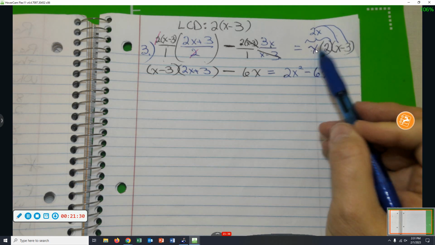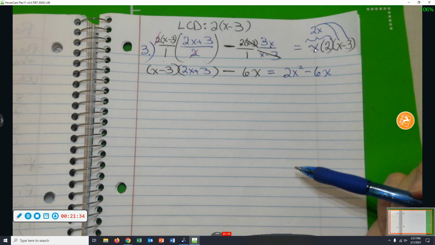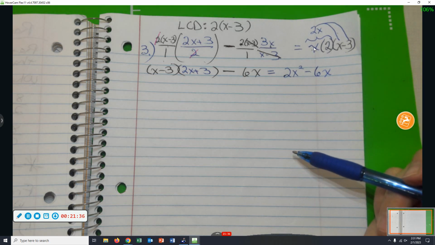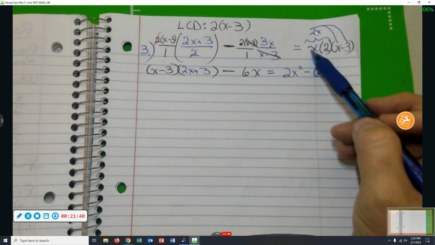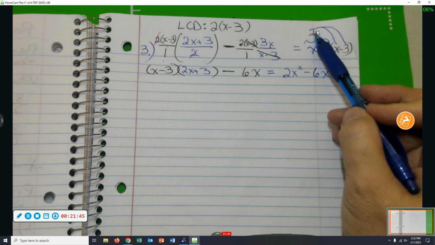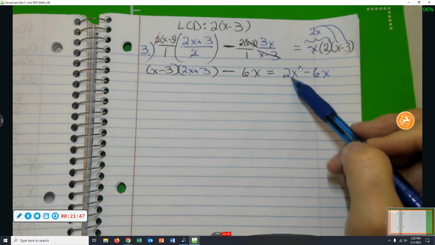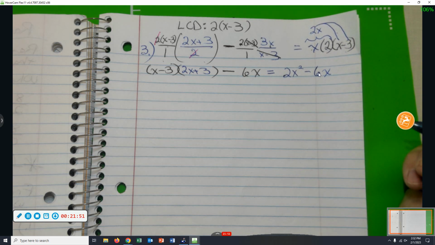Generally, a variable times a number, you write the number first. The number is the coefficient. So you multiplied it by, still by the 2x minus 3? Then I had 2x times x minus 3, I distributed. 2x times x, and 2x times a minus 3 gives us a minus 6x.